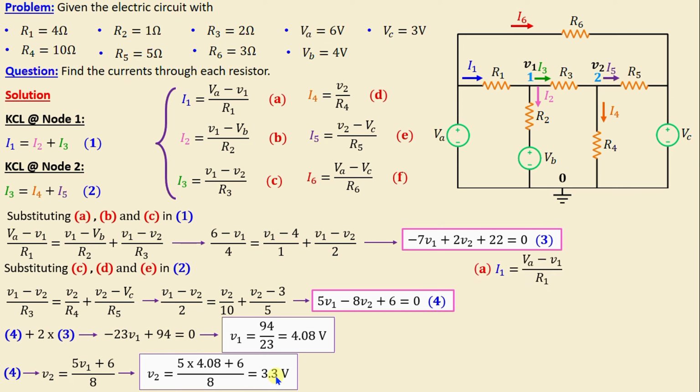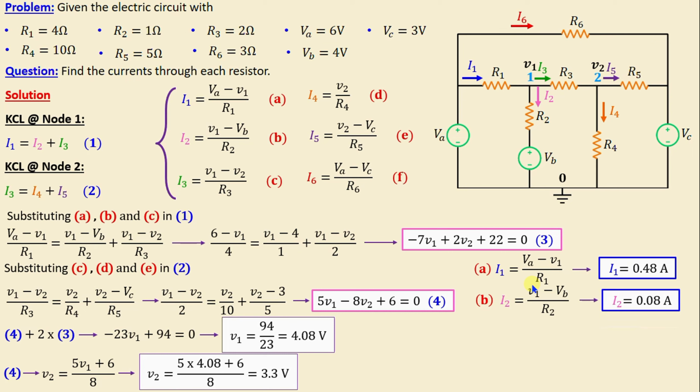And now from equation A, we have I1 is equal to VA minus V1 over R1. If we replace VA, V1 and R1 with their numerical values, we obtain I1 is equal to 0.48 amps. And from B, we can calculate I2 is equal to 0.08 amps. And from C, we can calculate I3 is equal to 0.39 amps.